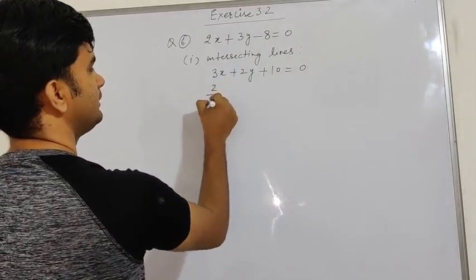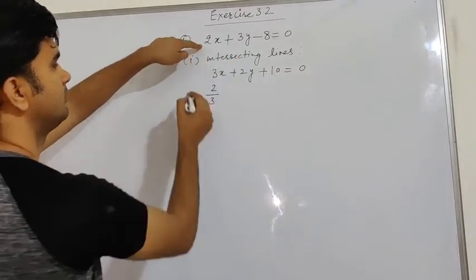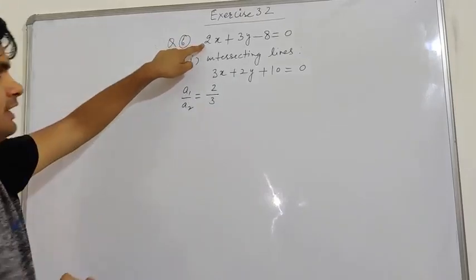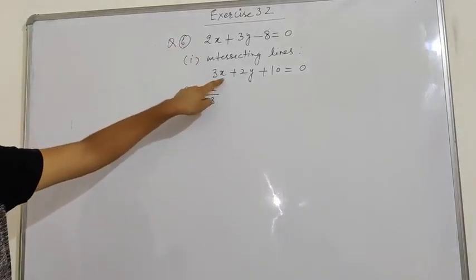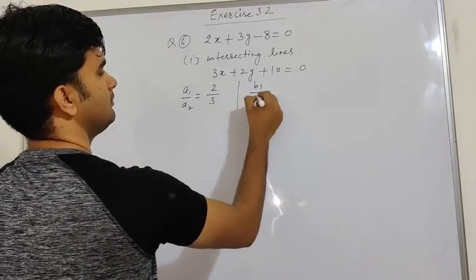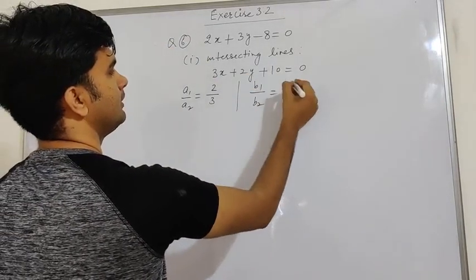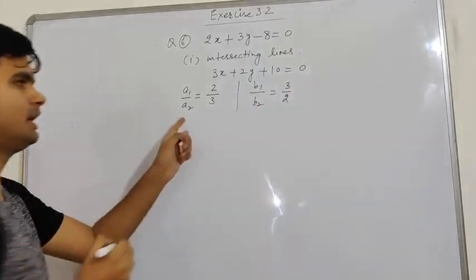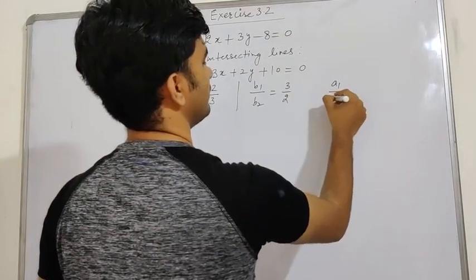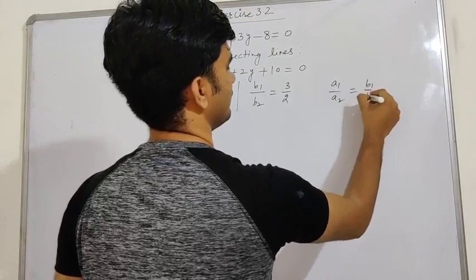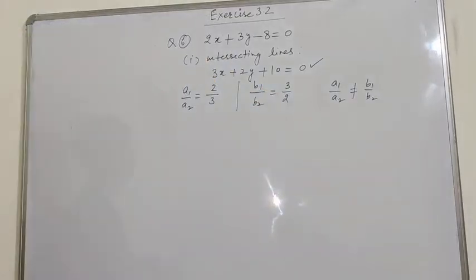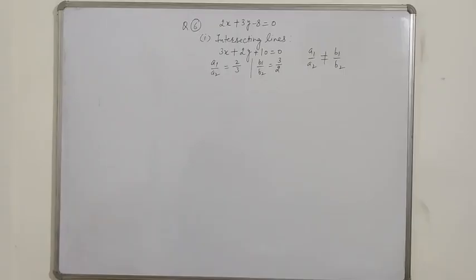So a1/a2: the coefficient of x here is 2, there it is 3, so 2/3, and b1/b2 is 3/2. Are they equal? No, they are not equal. So this will be an example of intersecting lines.